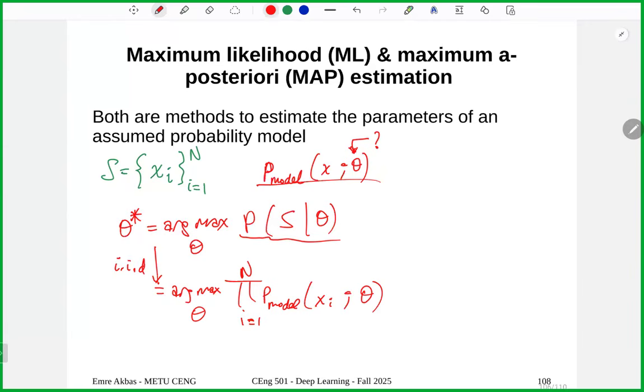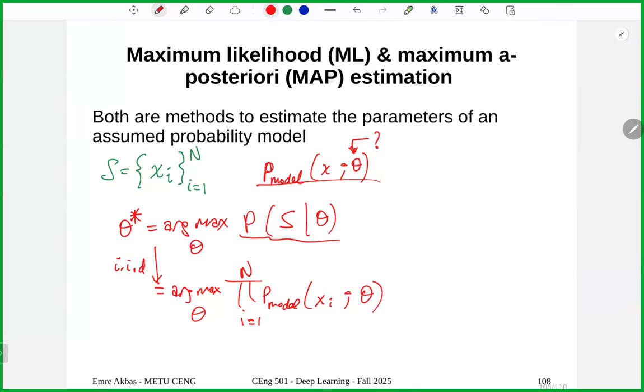When you work with this, this is called maximum likelihood. You can take the log of this, and the product becomes a sum, and this becomes maximum log likelihood. It's the same thing, except the one with the log is easy to work with because it's a sum, while working with a product is not easy.